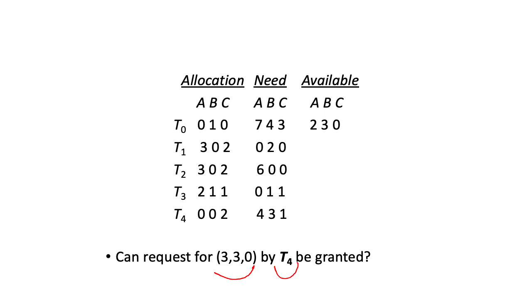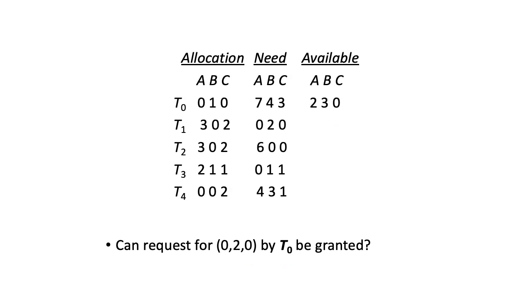So first thing is checking if this request is less than what that process needs. So this is the need 431. Yes, it is less than the need. The second thing, we're going to check if it's less than the currently available, which is not. Therefore, it's not going to be granted immediately.